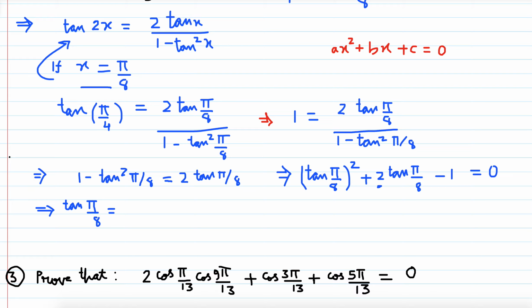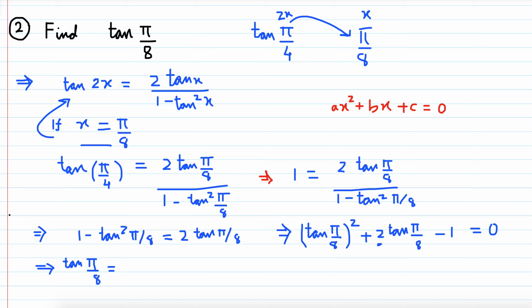So here a is 1, b is 2 and c is minus 1, and the solution of this x is given by x is equal to minus b plus minus under root b square minus 4ac divided by 2a.